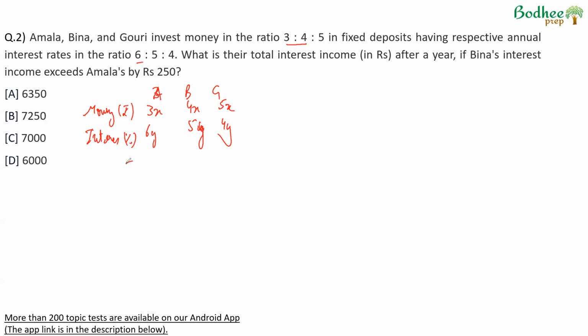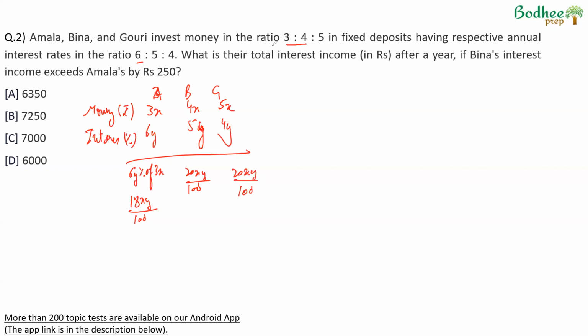So the overall interest that A will get is 6y% of 3x, which will be 18xy by 100. 6y by 100 into 3x. Similarly, B will get 5 4s are 20, 20xy by 100. And G will get 5 4s are 20, 20xy by 100.